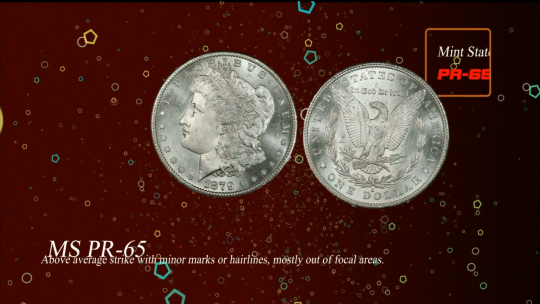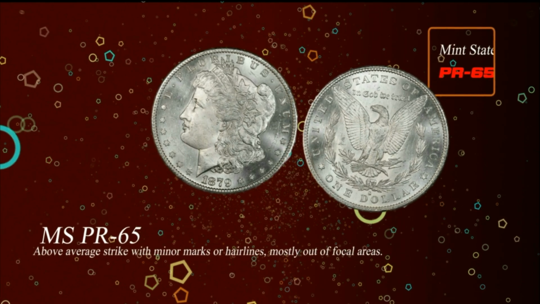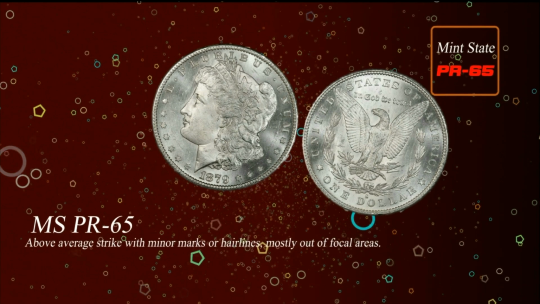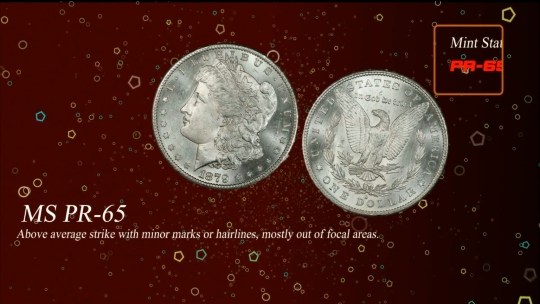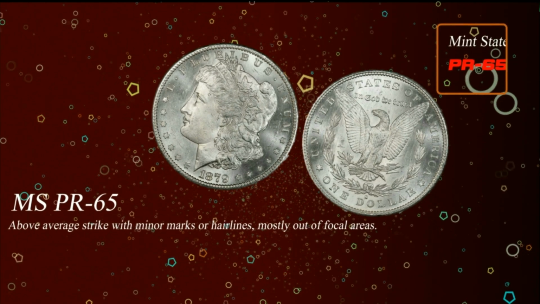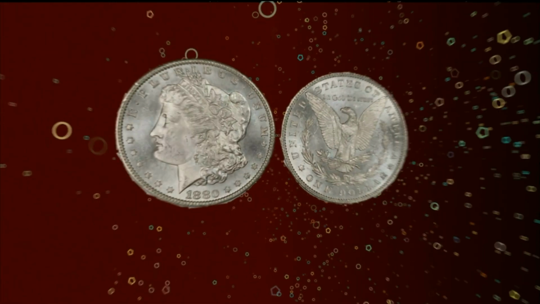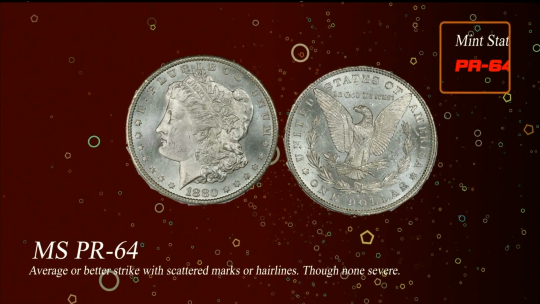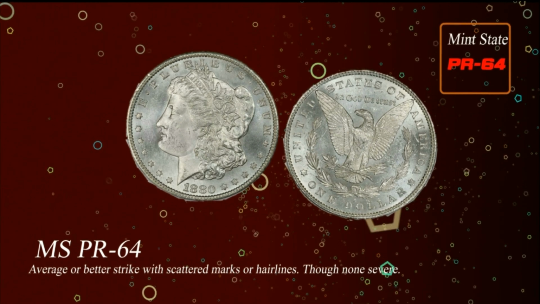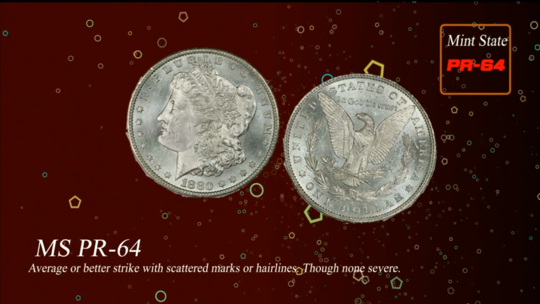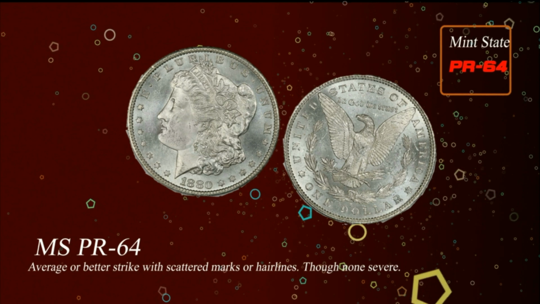Mint state PR65. Above average strike with minor marks or hairlines, mostly out of focal areas. Mint state PR64. Average or better strike with scattered marks or hairlines, though none severe.